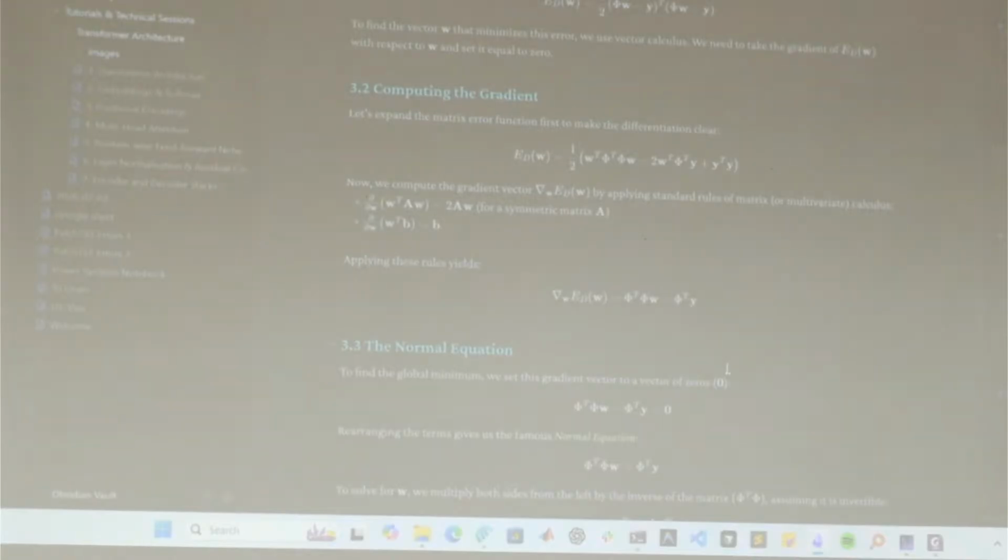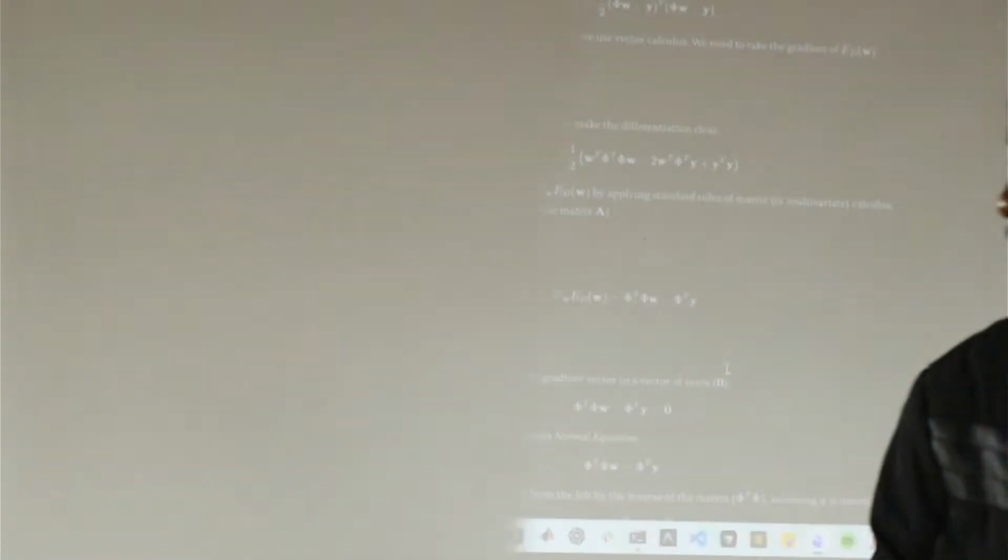It looks difficult, but this is nothing but multivariate calculus. If you want to differentiate a certain function, let me write it.